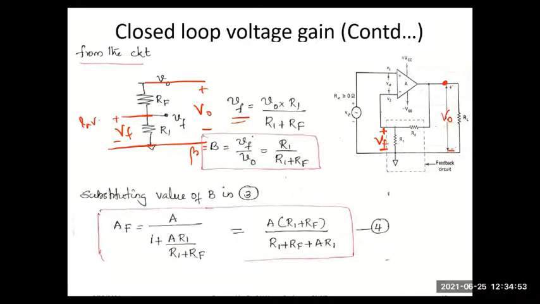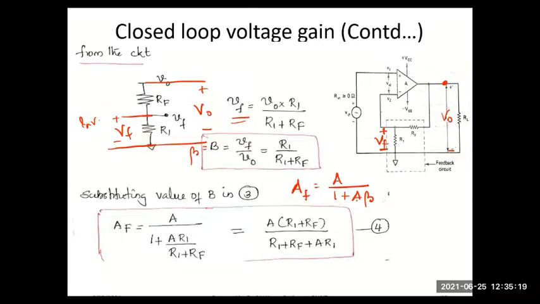So you have an expression for beta and you know what is A, right? We already have A. And what was the expression for AF which we derived? AF, I told you, very important equation. Please remember: gain with feedback is gain without feedback divided by the factor 1 plus A beta.